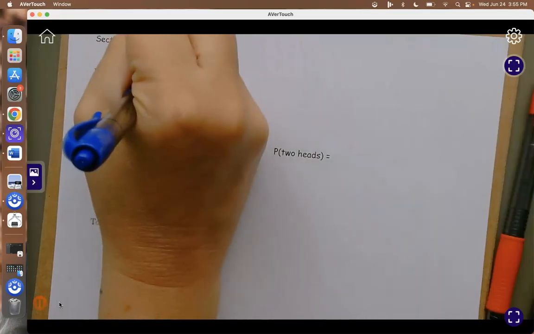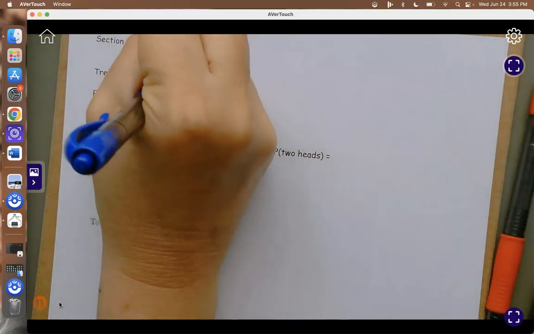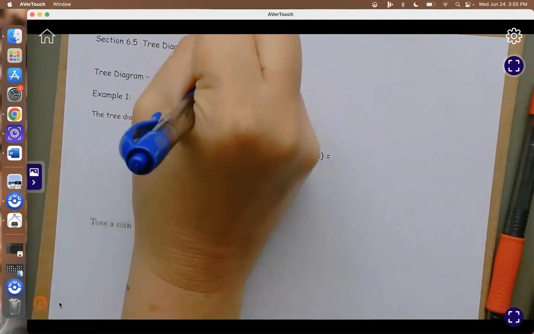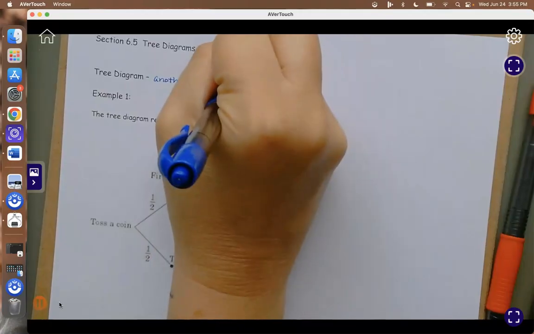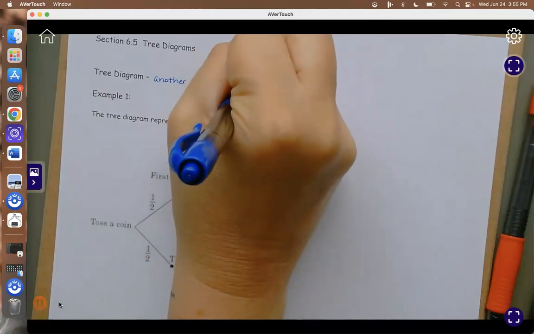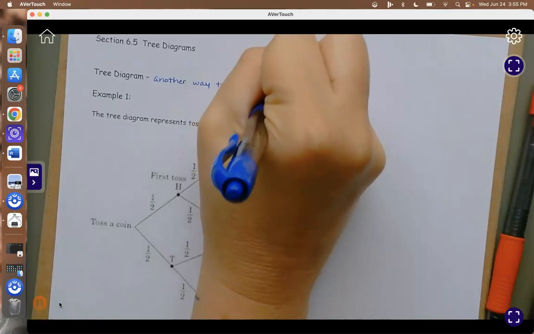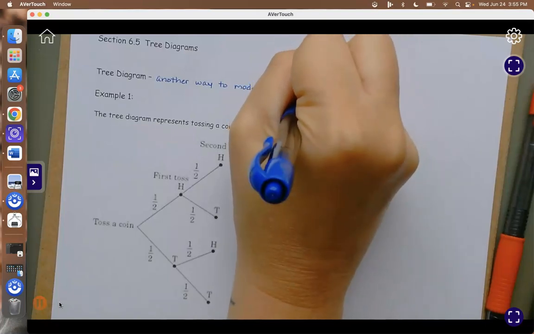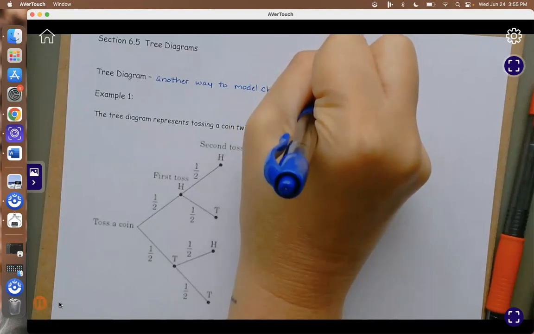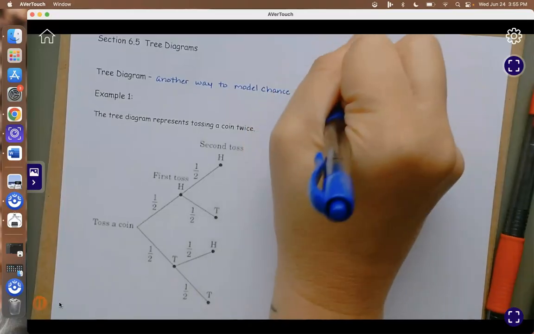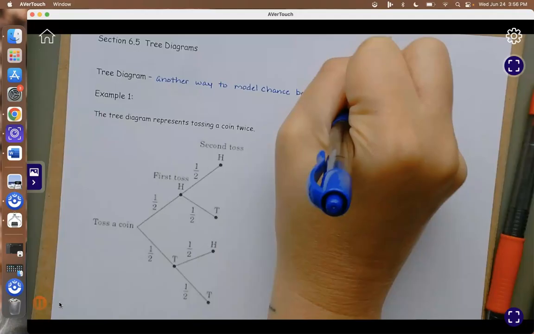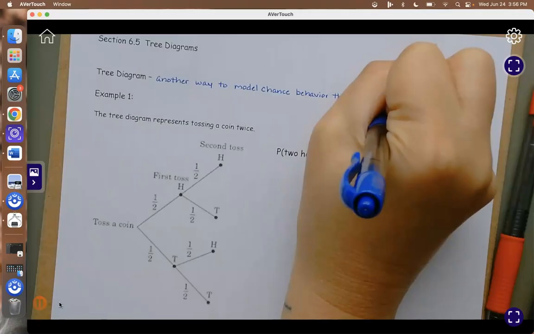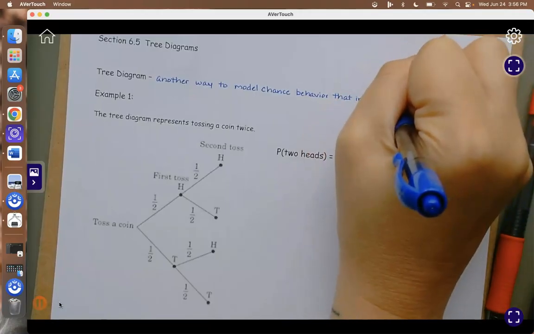A tree diagram is another way to model chance behavior that involves a sequence of outcomes.